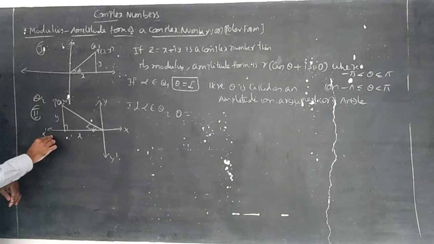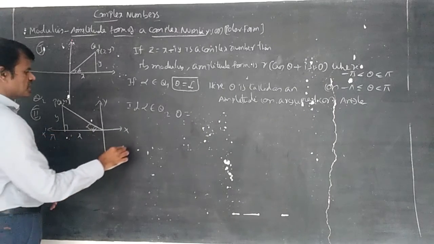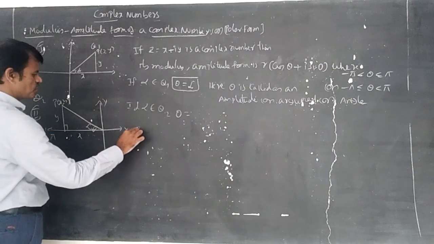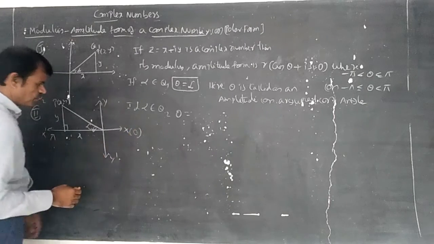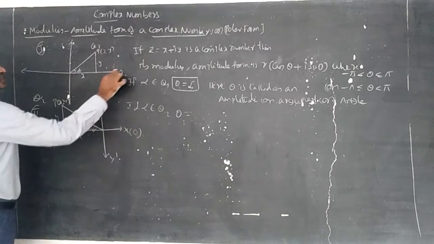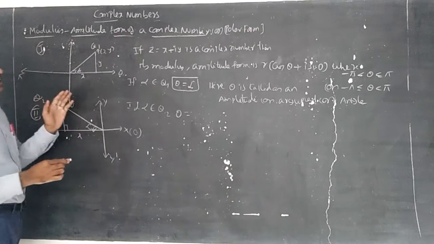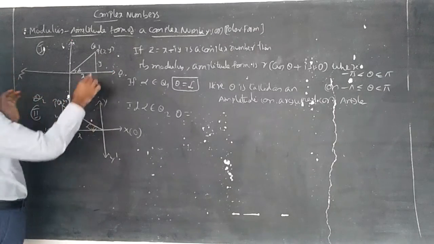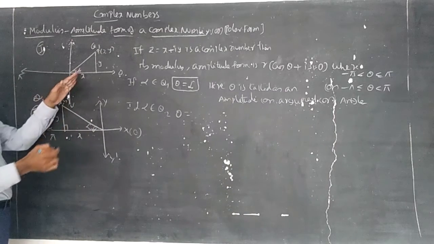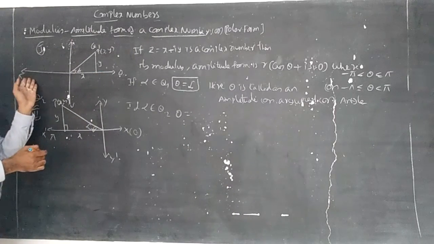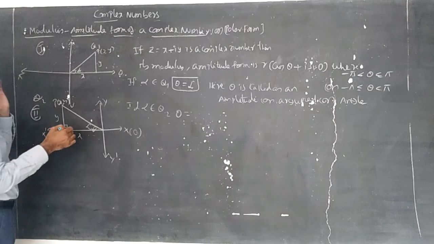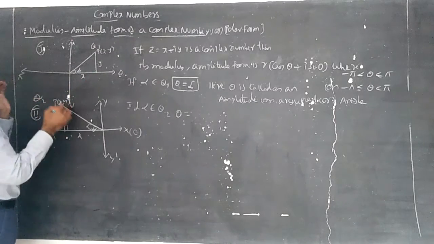What is here? This is pi. This is 0, this is pi. If you are taking the angle in the positive direction, this is 0 to pi. If you are taking the negative direction, you can say this is 0 to minus pi.